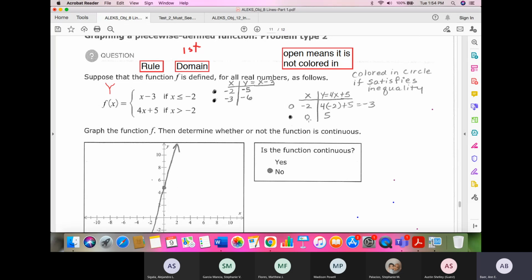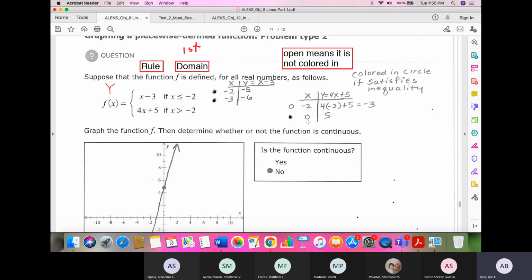And then we want one other number that satisfies this inequality. We want to choose an x which satisfies this inequality. We want to choose a number which is bigger than -2. 0 makes a lot of sense. So this is a 0 here. This is a circle here. So this is 0 right here. You could choose 1 if you wanted to.